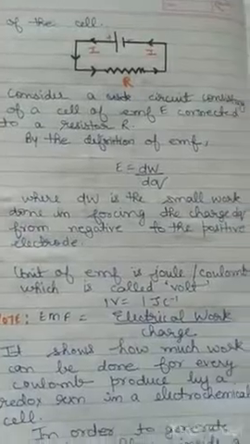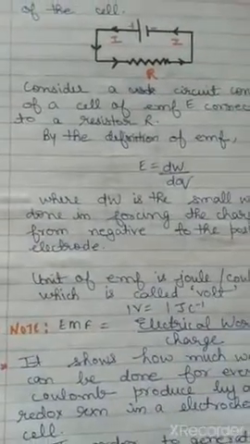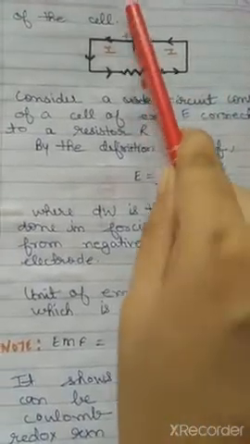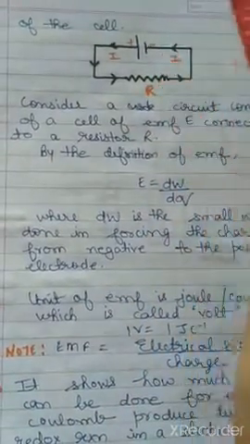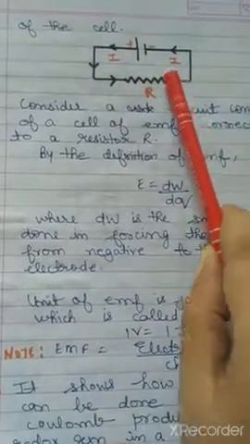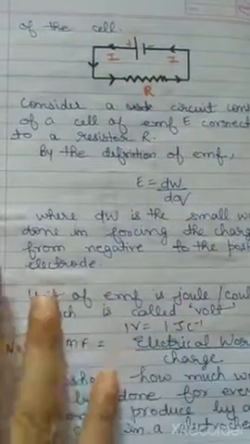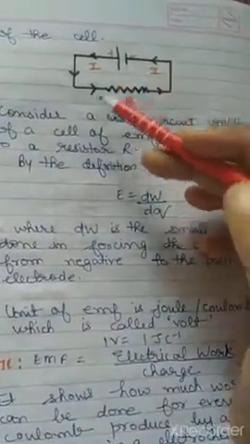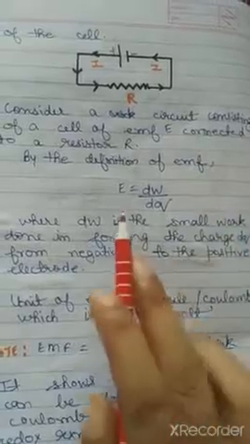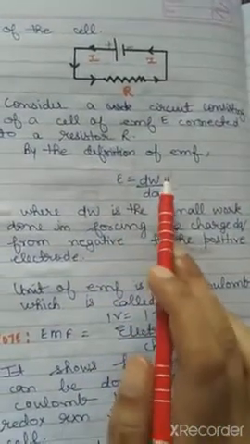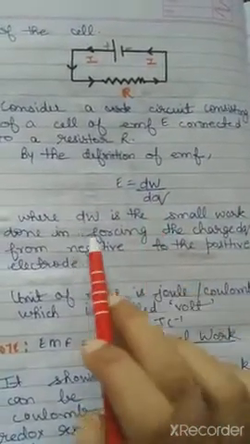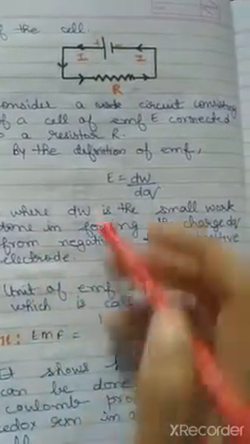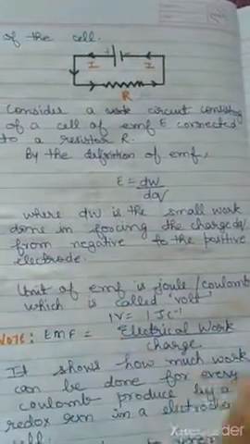So now coming to the formula for EMF. We represent the cell like this: positive terminal, and this is the negative terminal. Current I is flowing across this resistor R. If we consider that a small charge dq flows through this circuit, then the EMF is given by E is equal to dW by dq, where dW is the small work done in forcing the charge dq from the negative to the positive electrode.